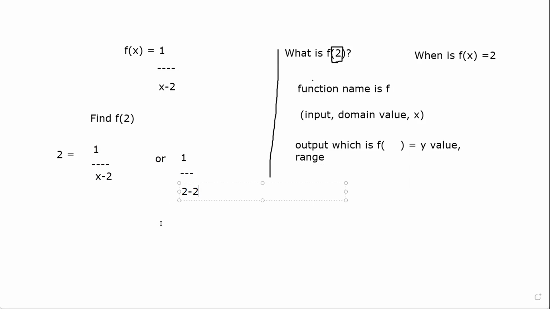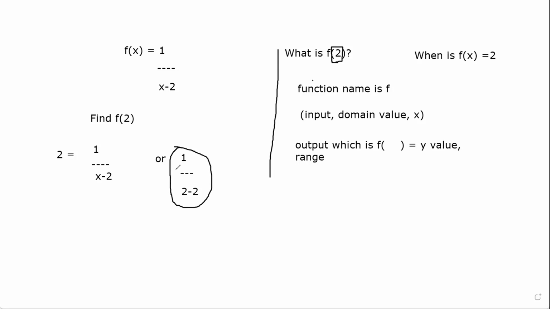Which one do I write? You're going to write the second one, because this is telling me find my output. My input is 2, right? So it's this one here. Okay, got it.